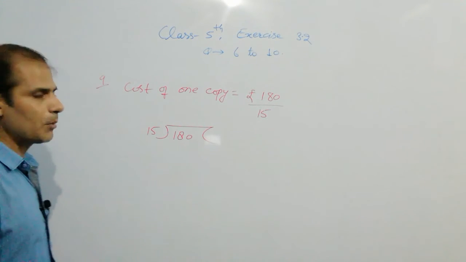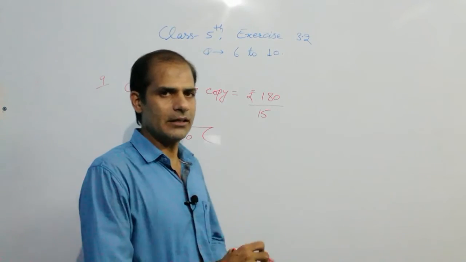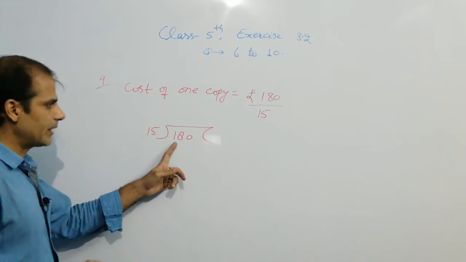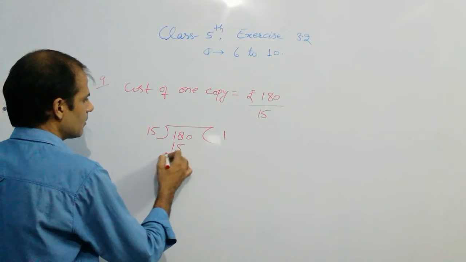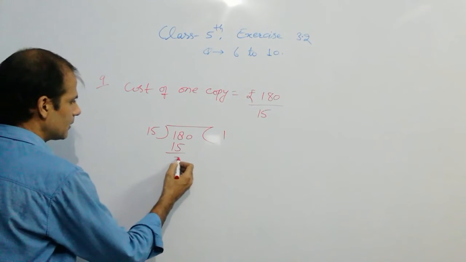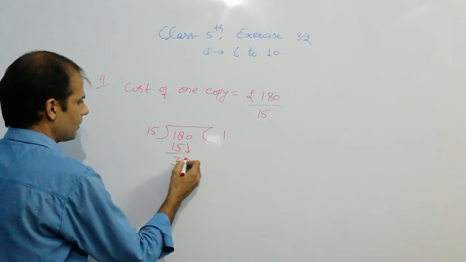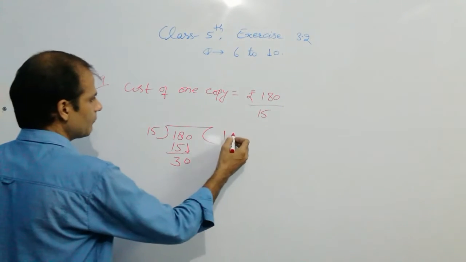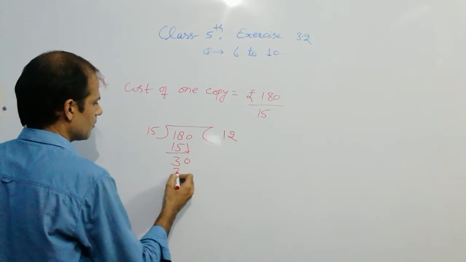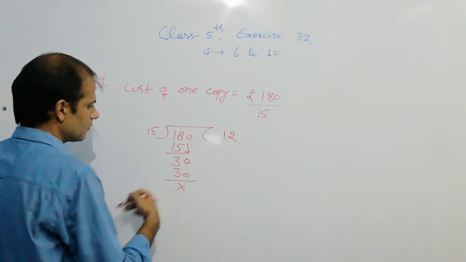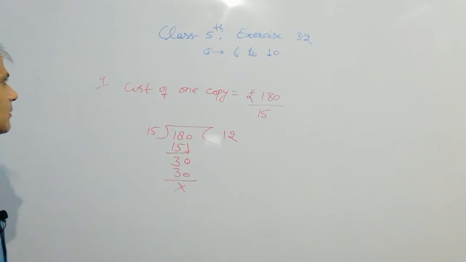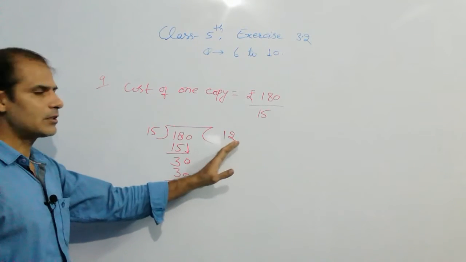The table of 15 is easy. 15 1 जा 15, 15 2 जा 30, 30 is bigger, so 15 1 जा 15. After subtraction we get 3, copy this 0, and it is 15 2 जा 30, remainder is 0. It means the cost of one copy is rupees 12.